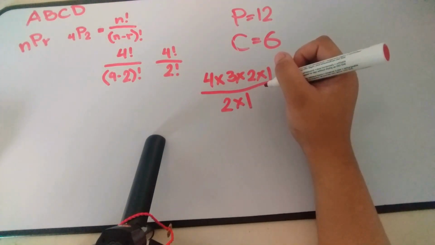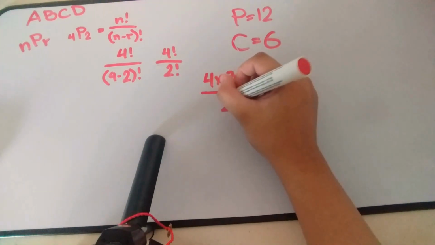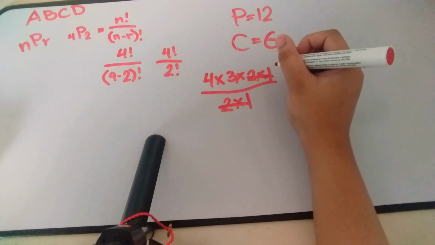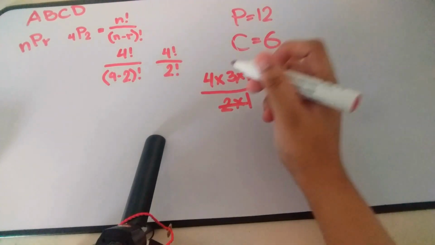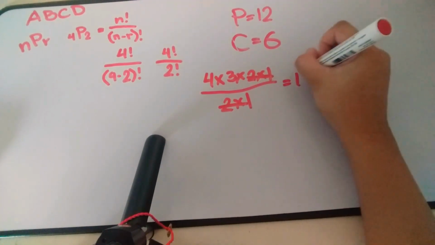So we can cancel 2 times 1 and we're left with 4 times 3. And we know that 4 times 3 is equal to 12, which is what we have here.